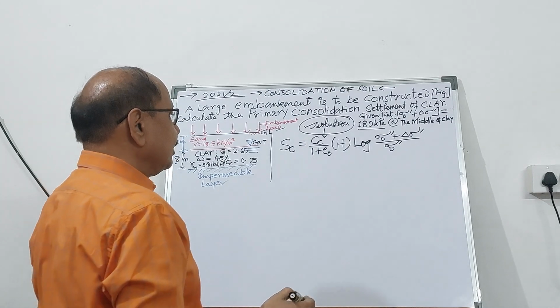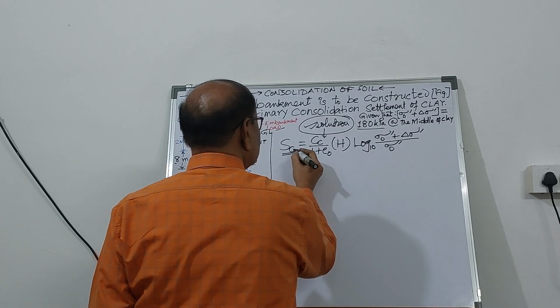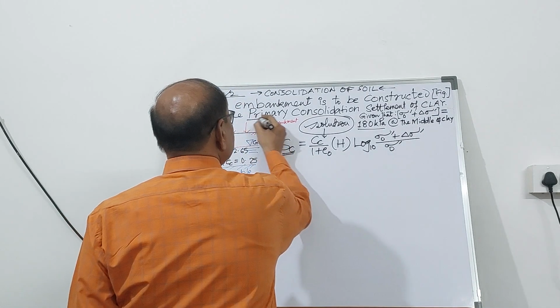So effective overburden pressure, log to the base 10. So this is the formula for primary consolidation settlement.